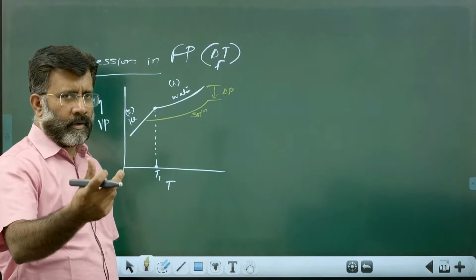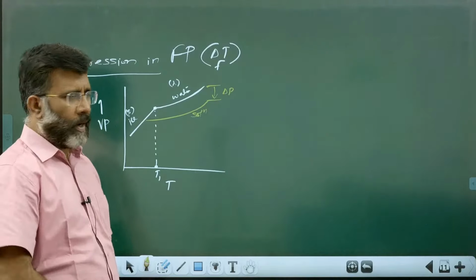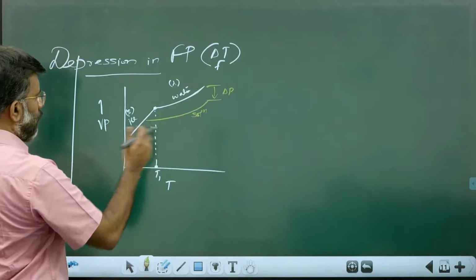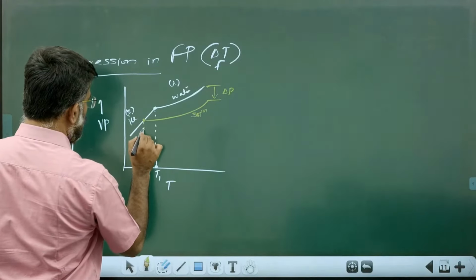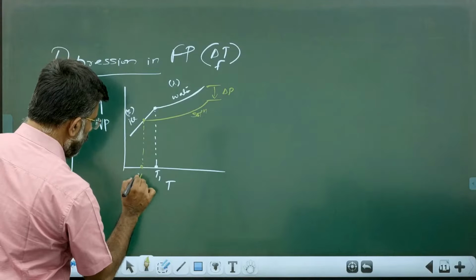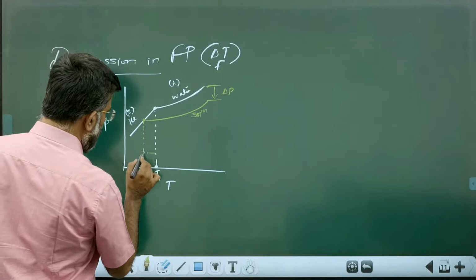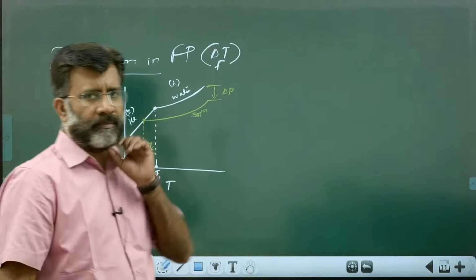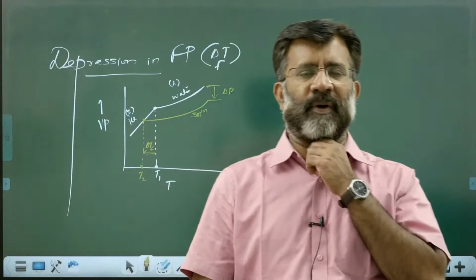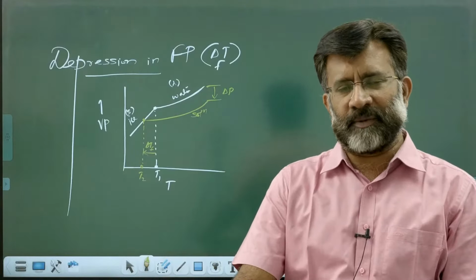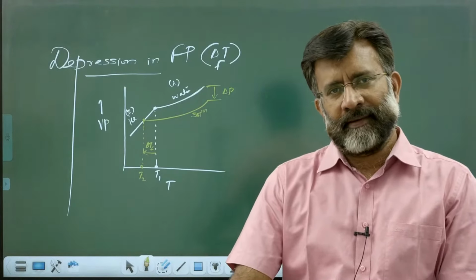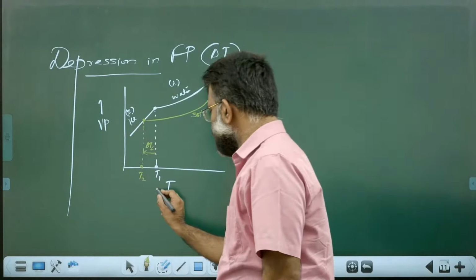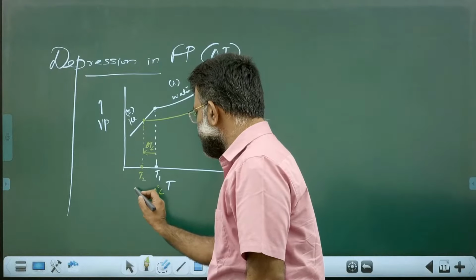According to the quantity of non-volatile solute that you add, vapor pressure will decrease, and the new graph will go like this. This is the new freezing point, T2, and the freezing point is depressed. This is delta TF, the depression in freezing point. If this is 0 degrees Celsius, the new one can be some negative temperature.